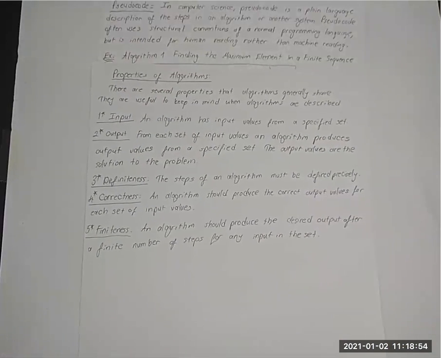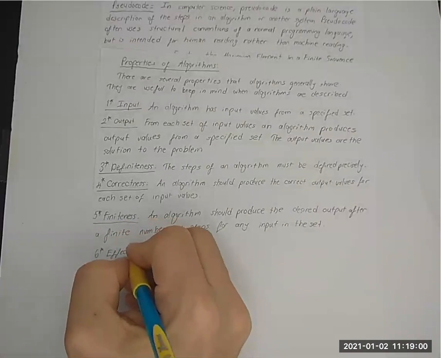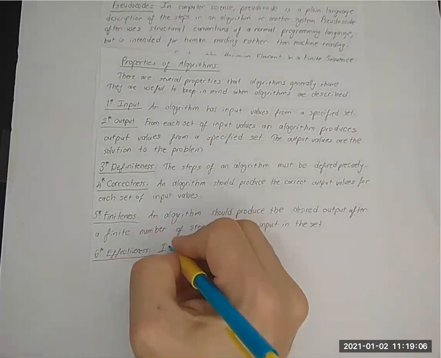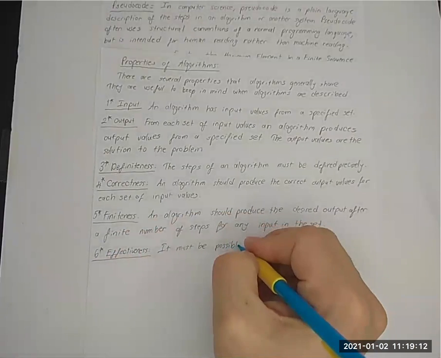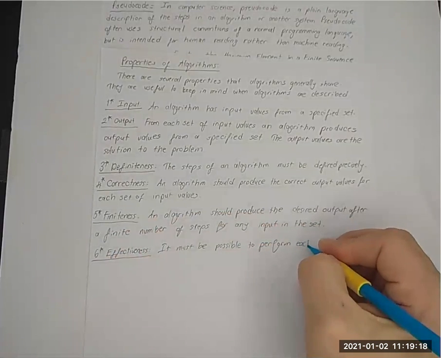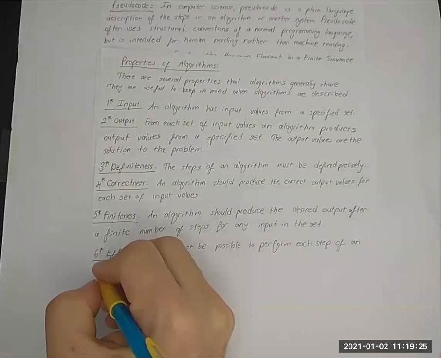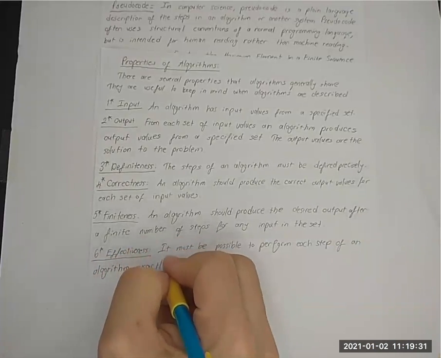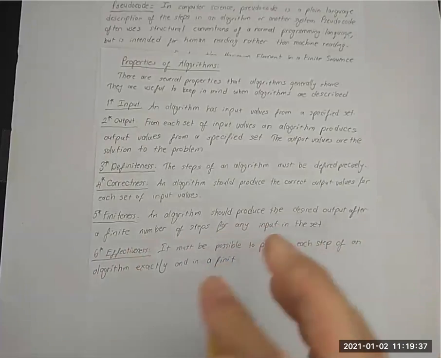And effectiveness: it must be possible to perform each step of an algorithm exactly, and in a finite amount of time.